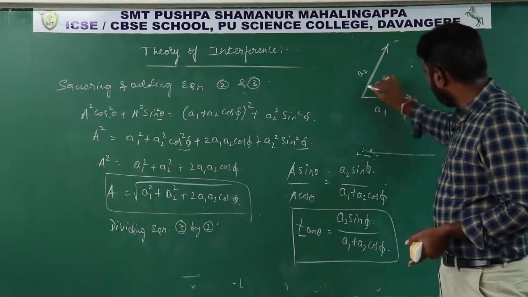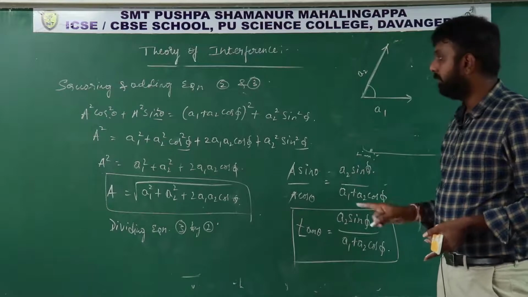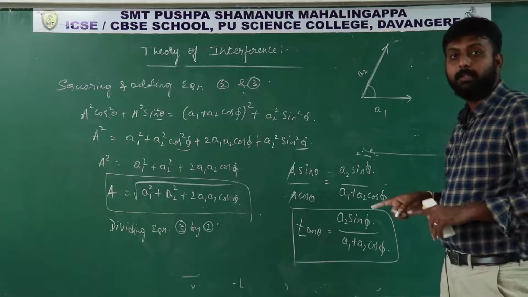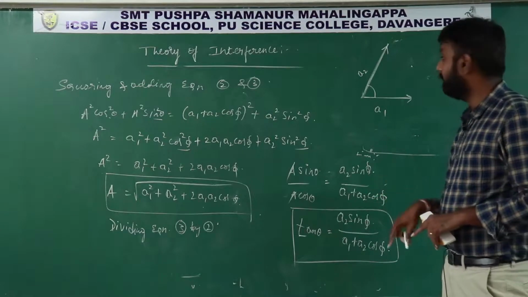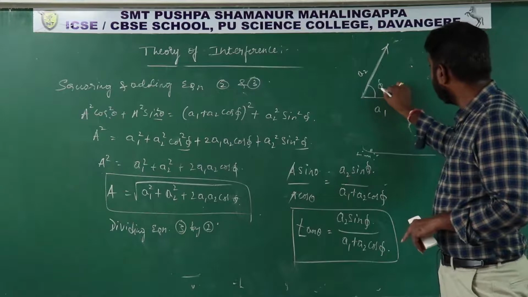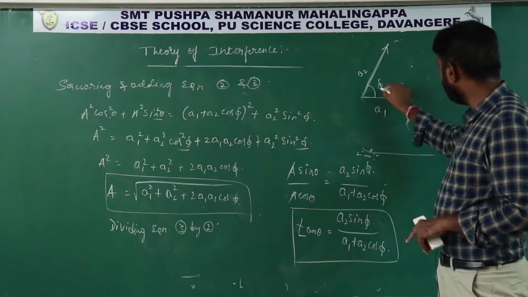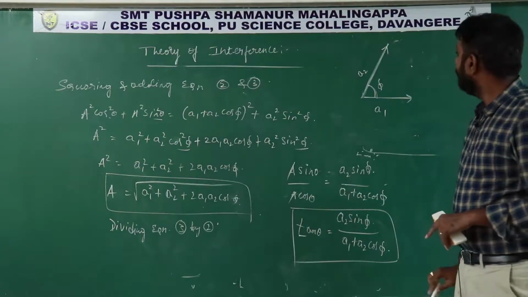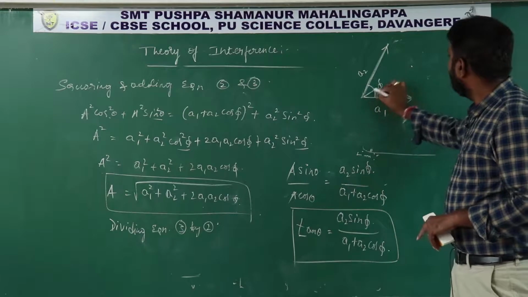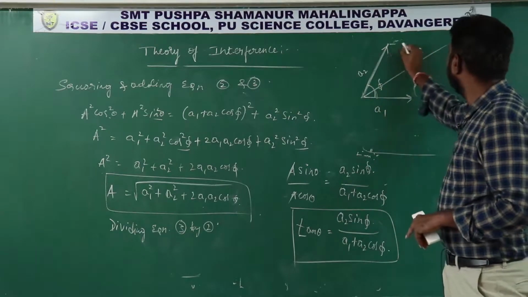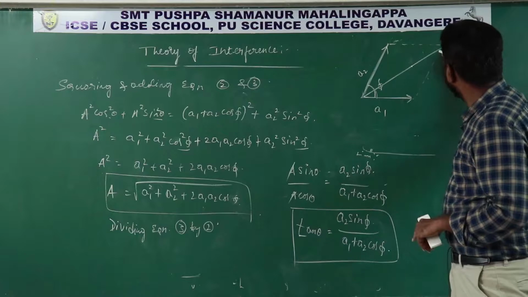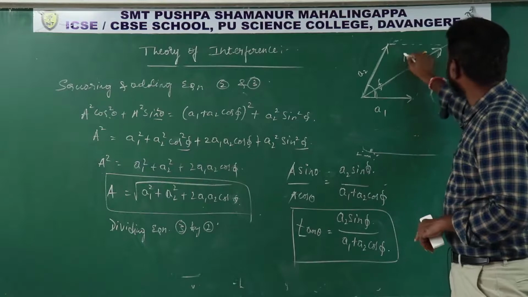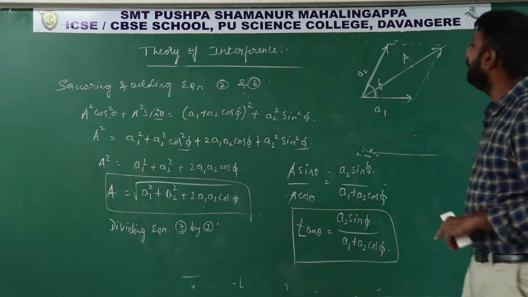The first equation is A1 sin ωt, and the second equation is A2 sin(ωt + φ). So the phase difference between the two waves, this φ, is the angle between these two vectors. And for these two vectors, this is the resultant vector, that is capital A.